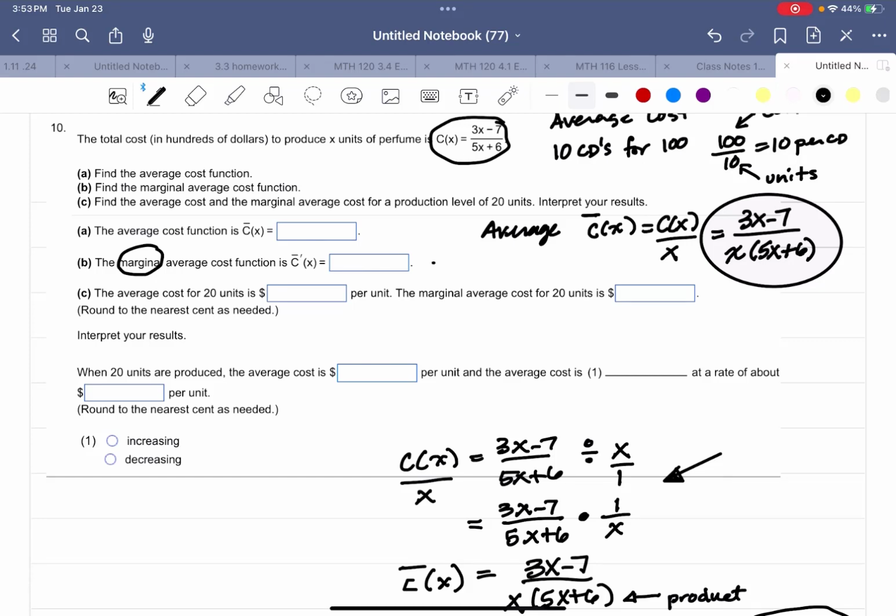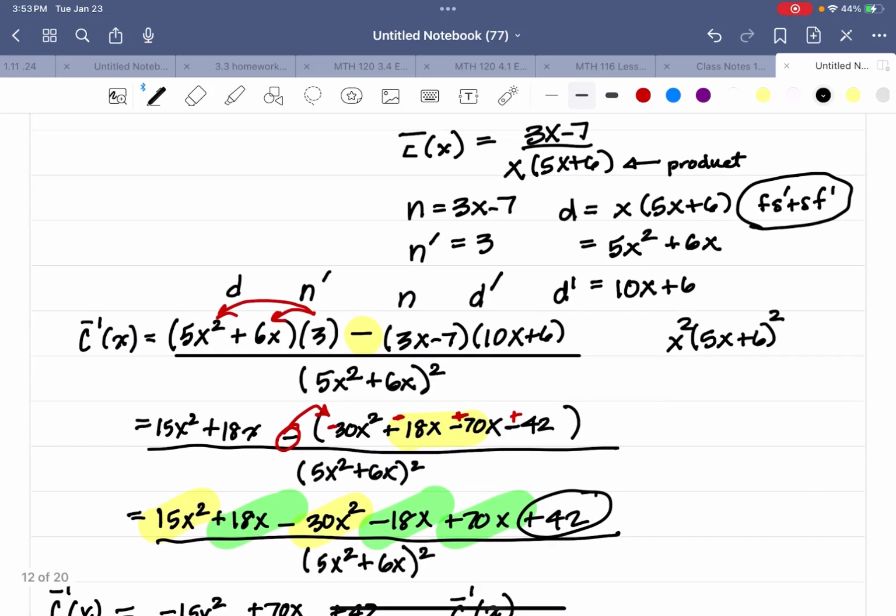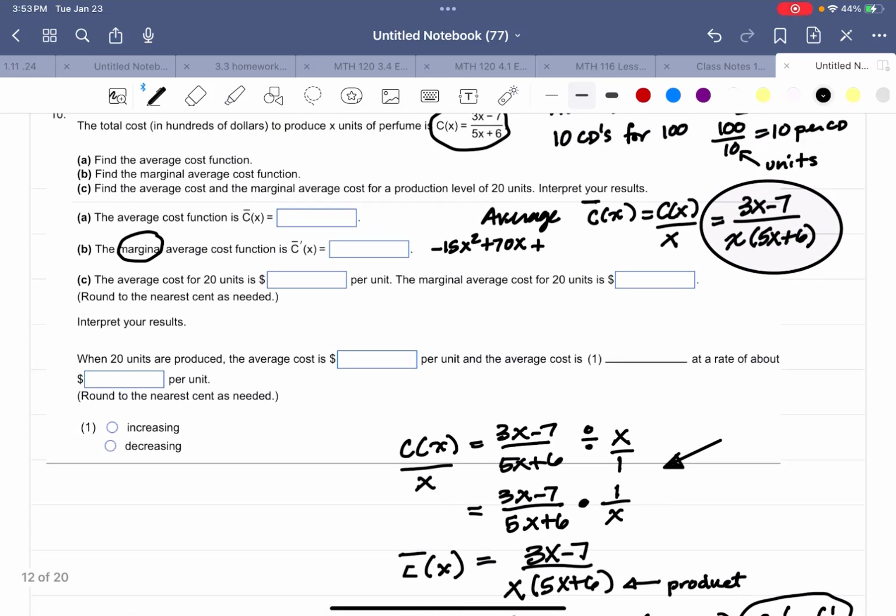So that was negative 15x squared plus 70x plus 42 over that original denominator, 5x squared plus 6x quantity squared. Now the average cost for 20 means C bar of 20, and the marginal average cost means C bar prime of 20.